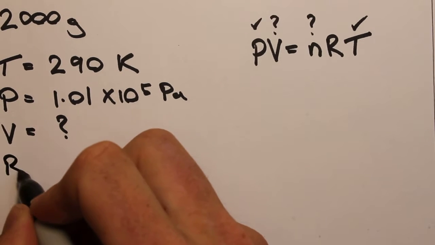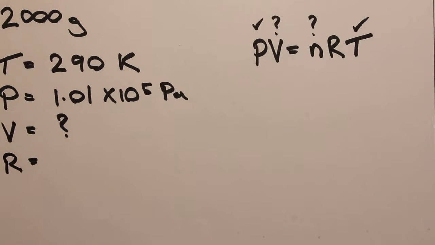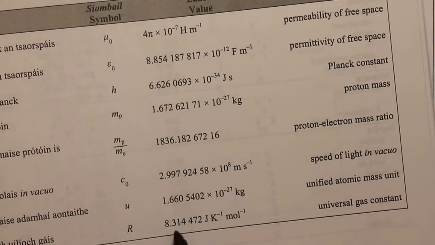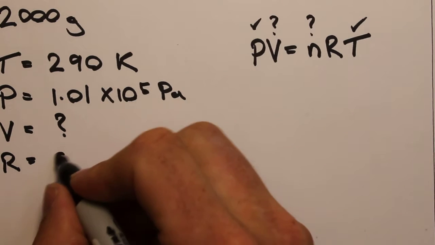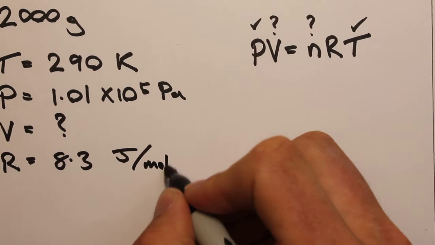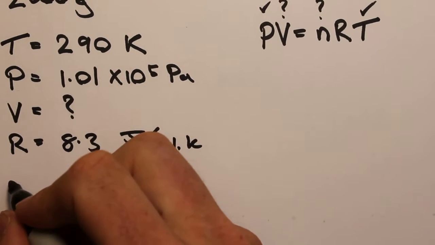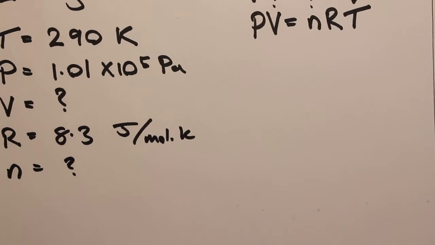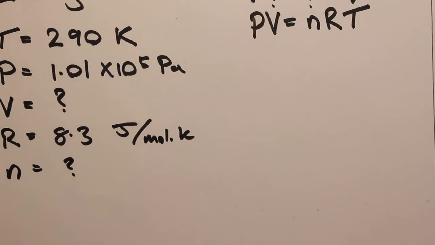R is equal to 8.3 joules per mole per Kelvin, and it can be found in our formula and tables booklet. We don't have the number of moles and we're looking for the volume, so we've got 2 question marks here.